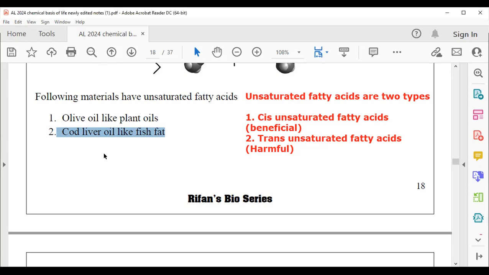Have you marked it? Yes, sir. So let's mark another point.